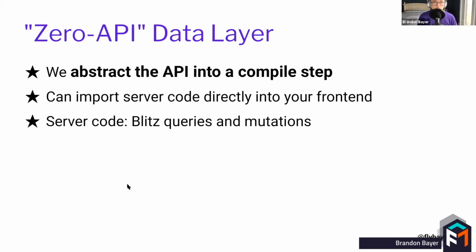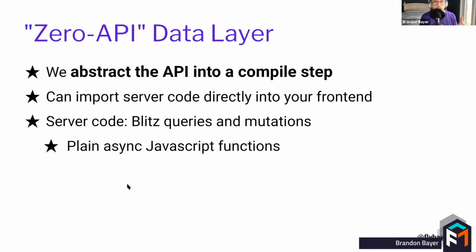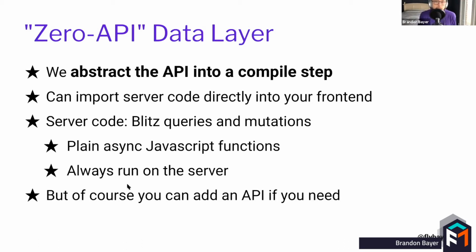There's no GraphQL in Blitz, but we use the same nomenclature of queries and mutations for reading and writing data. Now, these queries and mutations are just regular asynchronous JavaScript functions. Okay, so you can do anything that you can do in Node.js. You can send emails, talk to third-party APIs, talk to the database, etc. These functions always run on the server. And of course, you can add an API if you need.